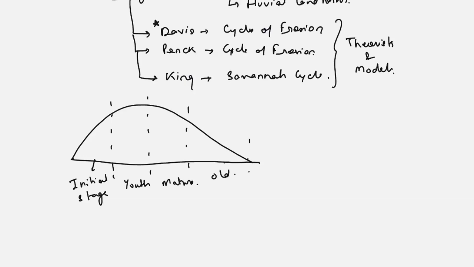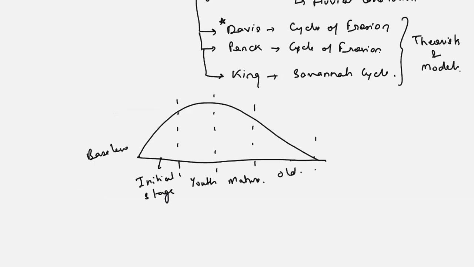Here we see that the erosion starts after the initial stage. We have two types of relief features here, that is altitude. This is relative relief, and this is absolute relief.